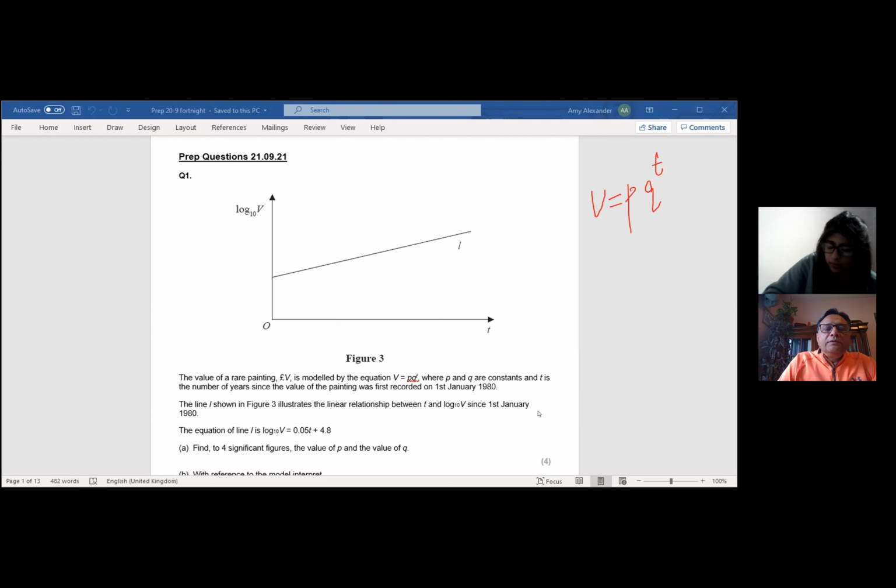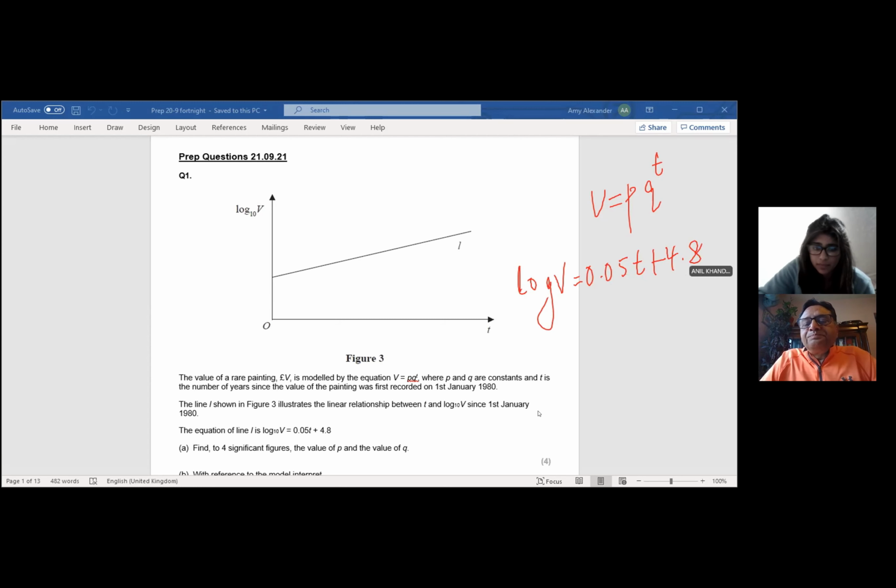So we are given that the equation is log of V, where the base is 10 by default, equals 0.05T plus 4.8. So at T equals 0, the value is 4.8.